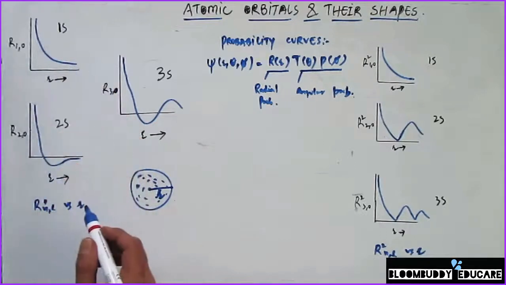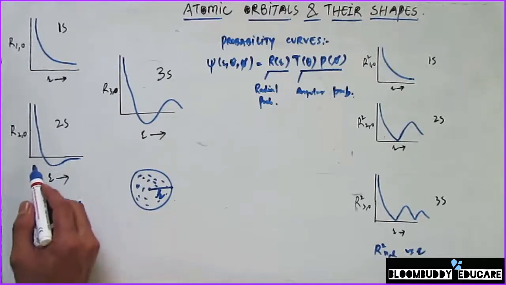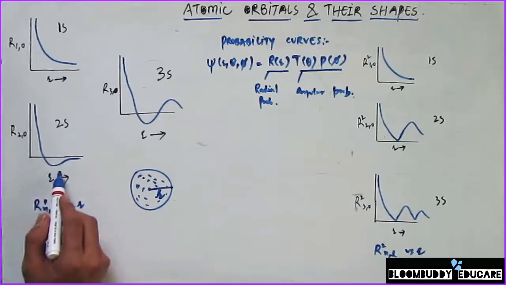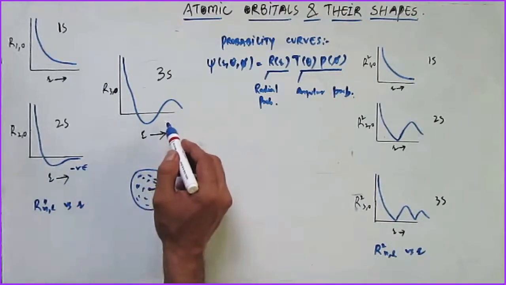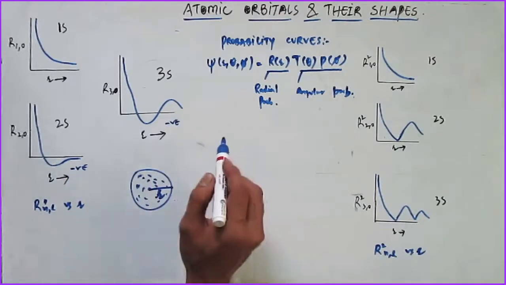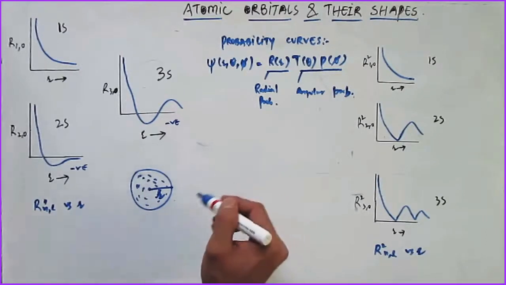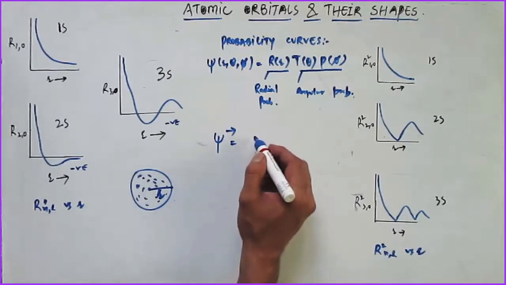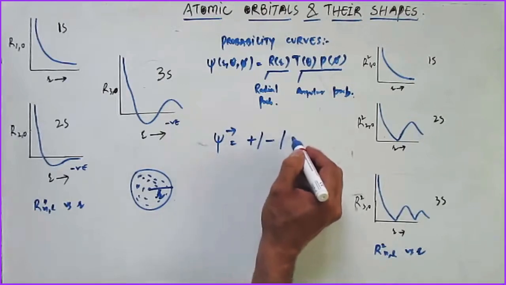So this becomes 1s. However, in case of 2s, you will see that the probability of finding an electron is moving towards the negative axis, and the same is happening in case of 3s. I have already told you that when we try to find the probability of an electron, in case of psi we get different values: plus, minus and 0.